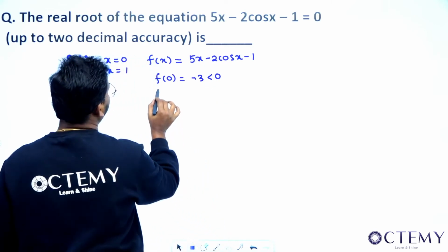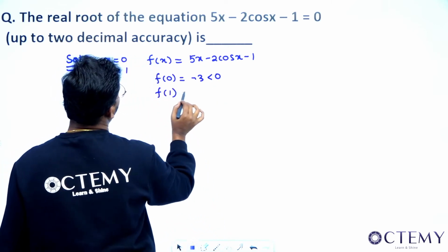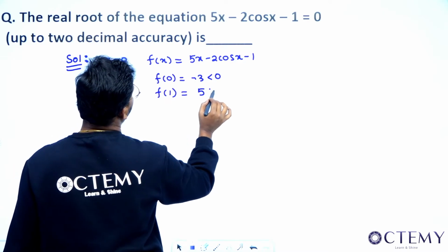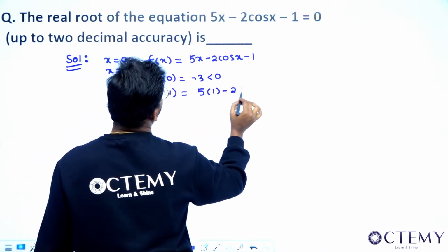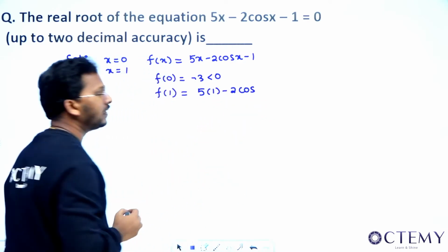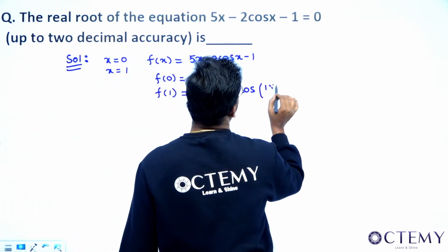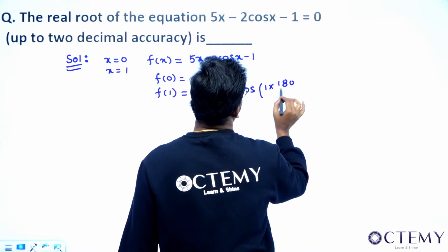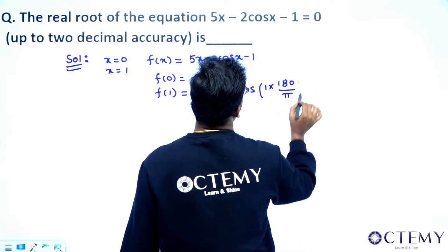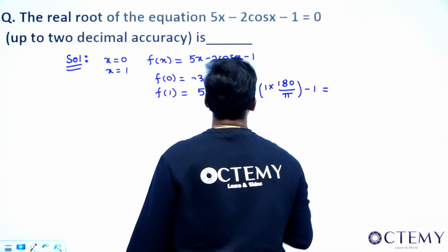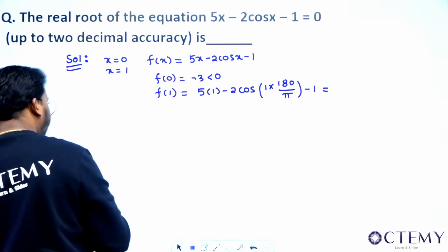Right? And if I put f of 1, see, sir, f of 1, whenever you are putting like this, 5 into 1 minus 2 into cos 1, this has to be in radians. Radians means 1 into 180 divided by pi, minus 1. So see, sir, what will this come up to?